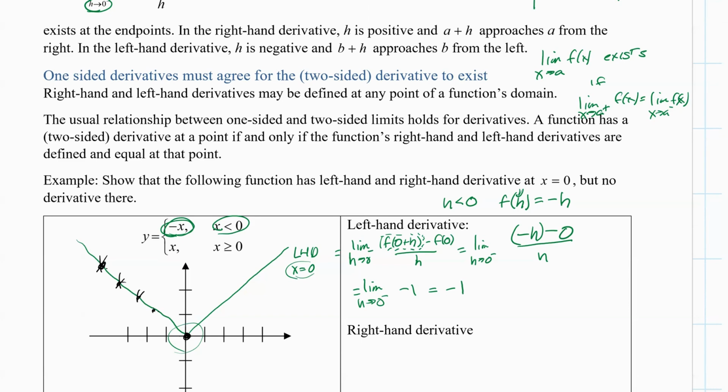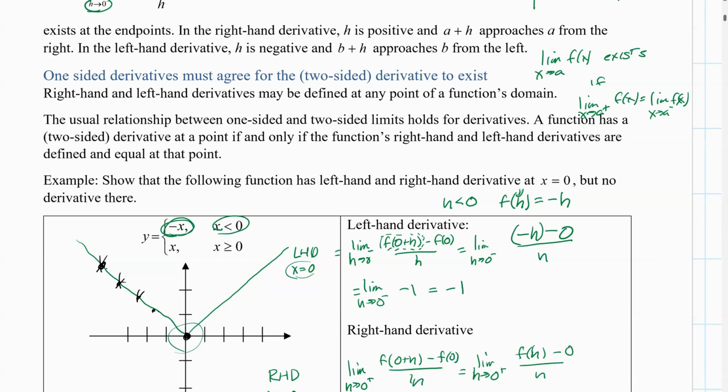Let's do that again, but now let's do the right-hand derivative at x equals 0. That'd be the limit when h is approaching 0, but from the positive side, of f of 0 plus h minus f of 0 all over h, or the limit as h approaches 0 from the positive side of f of h minus 0 over h.